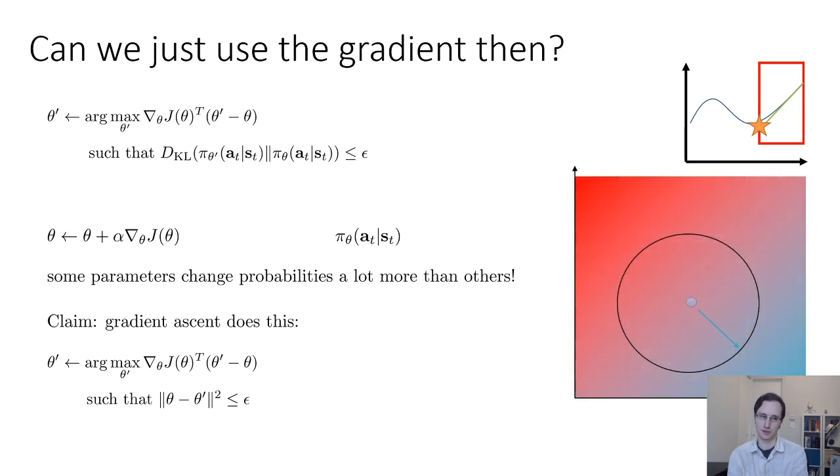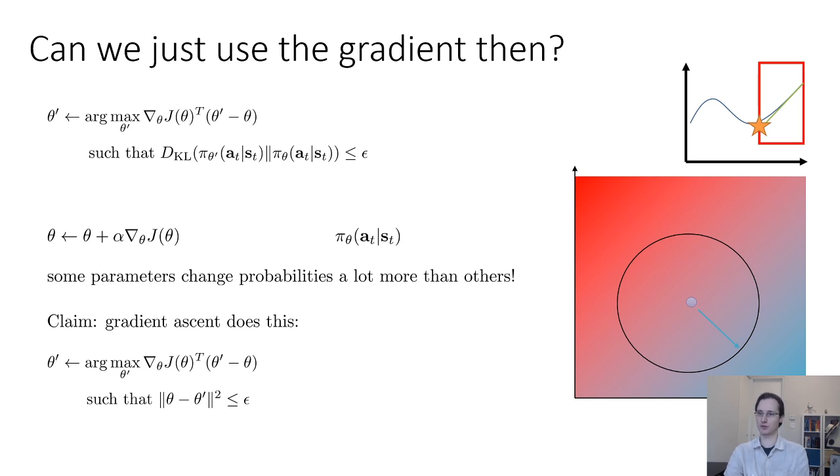Geometrically, you can think of it like this: in gradient ascent, we have our parameter space, which here is represented by this 2D region, so there's two axes corresponding to two policy parameters. When we linearize our objective, we can visualize our objective as this kind of gradient field, as this colored gradient over the space. So lower right is better values, upper left is worse values. And this constraint corresponds to a circle in this space.